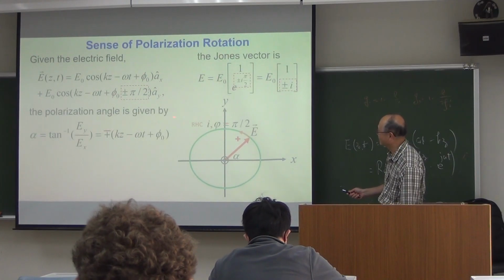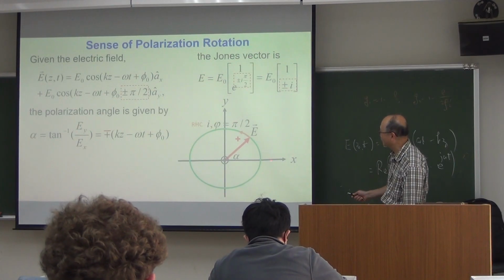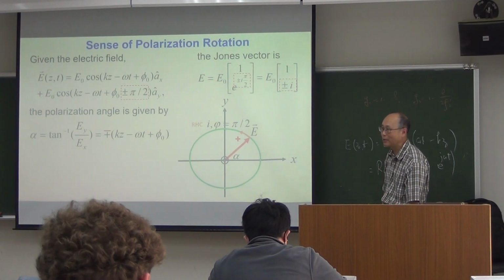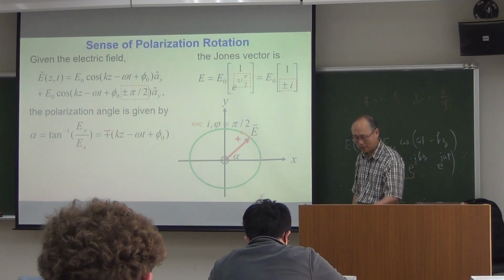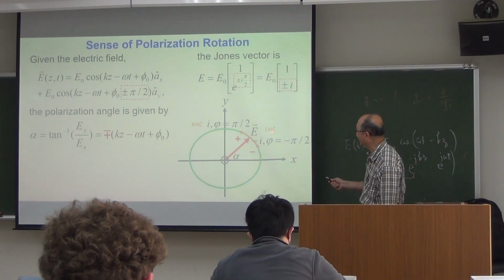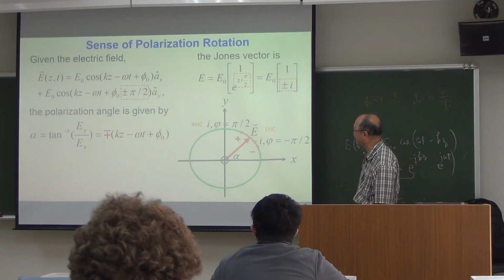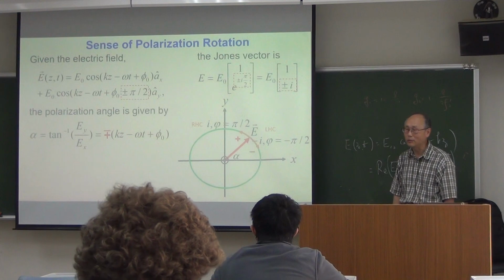This is the same as before, except that the tip of the electric field will trace out a circle. Again, there is right-handed circular polarization and left-handed circular polarization, which is the language adopted by engineers.